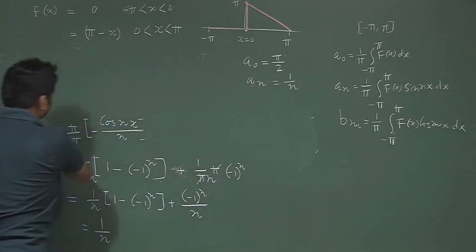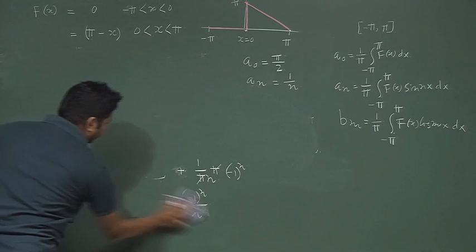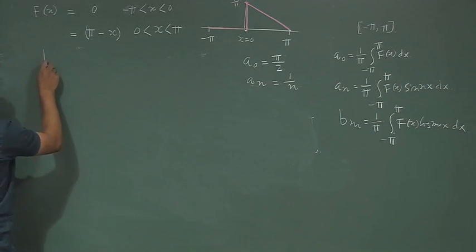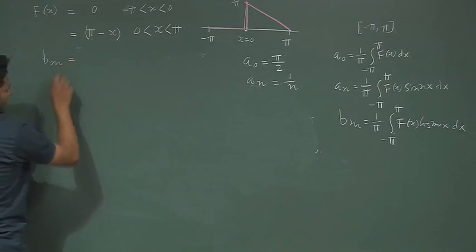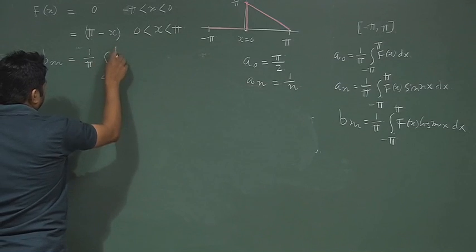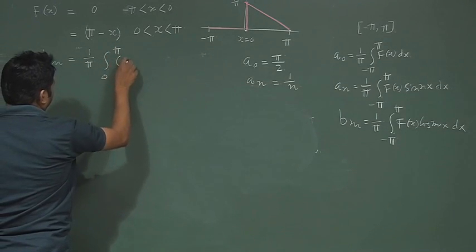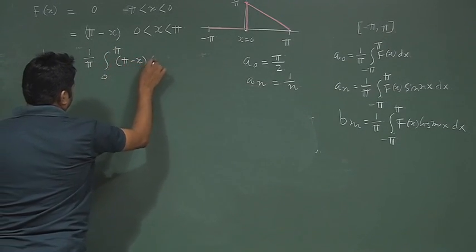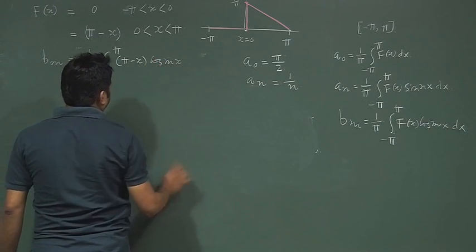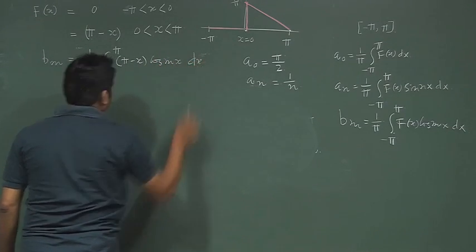Fine. Next I will do the same for b m. So, b m is 1 by pi, integral from 0 to pi, the function is pi minus x, times cos of mx dx.